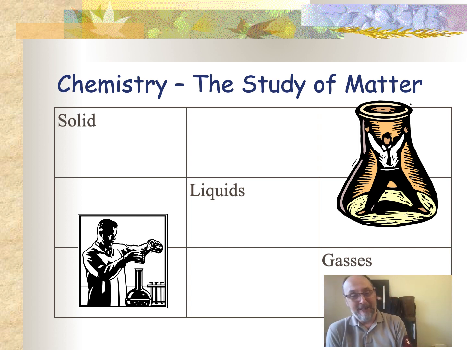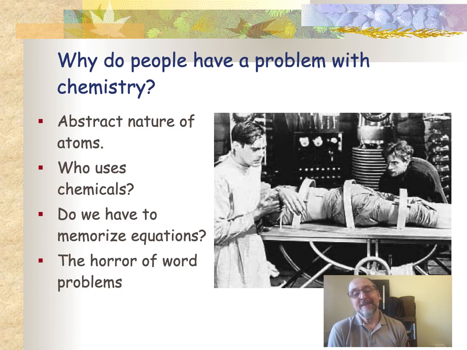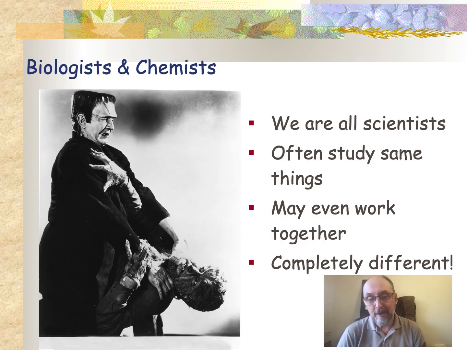So why do most people not like chemistry? Well, it's pretty abstract. It's something that lots of people are afraid of. There's lots of math and equations, and then of course, if you've had chemistry, it's a lot of word problems, and so most people are not all that keen on chemists, and that includes most biologists. We're all scientists, but often biology is very different from chemistry.